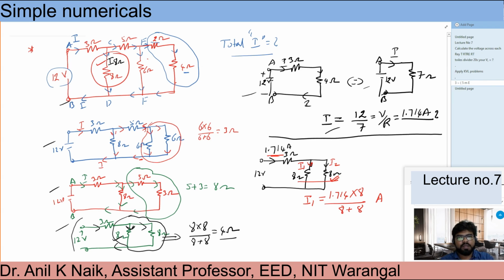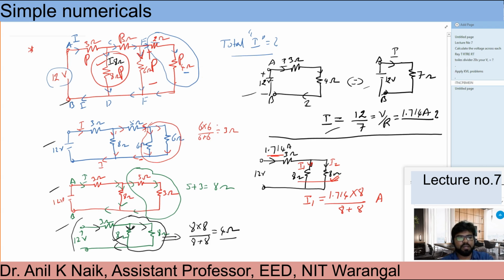So like this you can find the current here also, and you can find the voltage, and you can also find the power at each and every element. That analysis can be done.